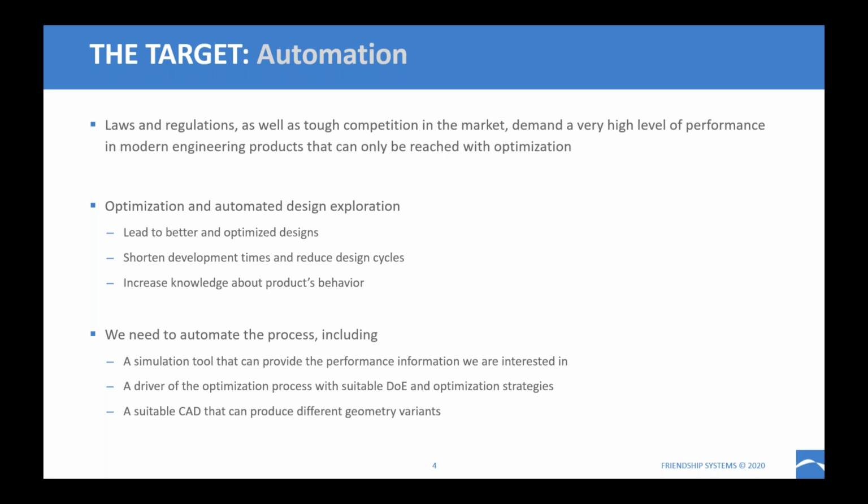We need a driver of the optimization process, which provides the design of experiments or optimization strategies, and gives us the opportunity to look at the results, post-process them, and so on. And finally, we need a suitable CAD tool that is able to produce all the different geometry variants that we want to create throughout this process. This last point is what we focus on with our tool CAESES.